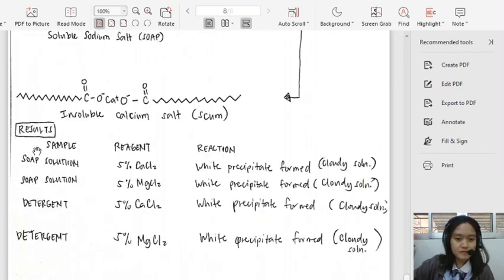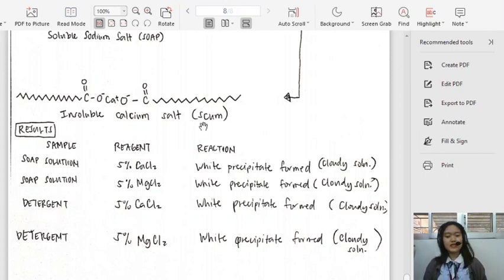So, result natin, lahat ito sila is positive. Soap solution with calcium chloride, soap solution with magnesium chloride, detergent with calcium chloride, and detergent with magnesium chloride. All will form white precipitate or cloudy solution. Okay? Nagiging cloudy yung solution and then merong scum. Yung white precipitate dito, yan na yung tinatawag natin na scum.